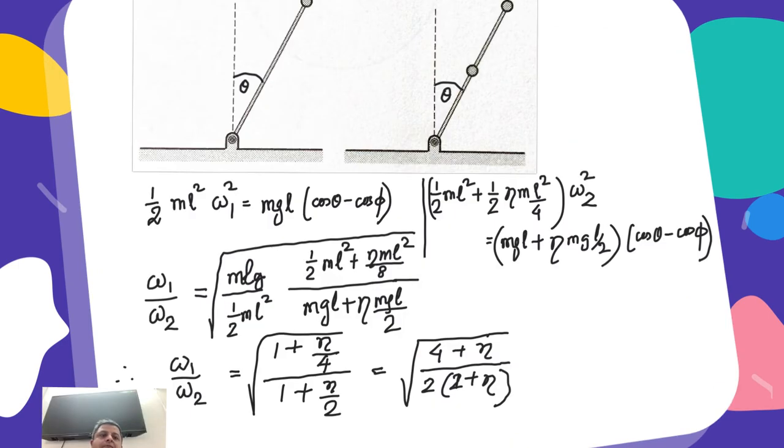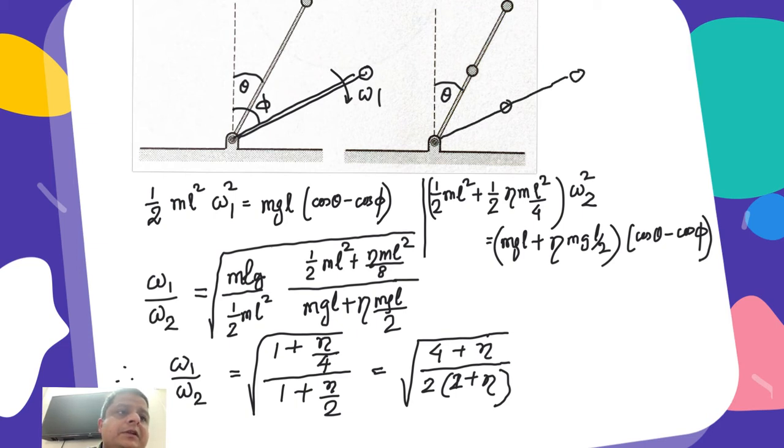So that's the diagram. Now we will apply the work energy theorem to find the angular speed gained by each of the rods when the angle becomes phi from theta for both the rods. Suppose this angle becomes phi with angular speed omega 1, and for the second rod also, along with the bead at the middle, the angle will become phi with angular speed omega 2.